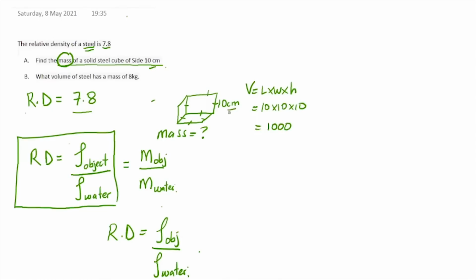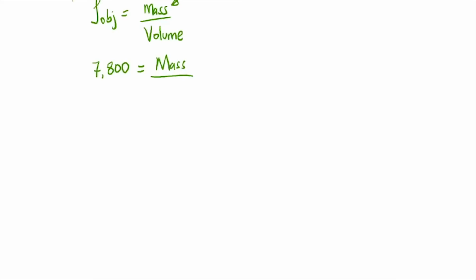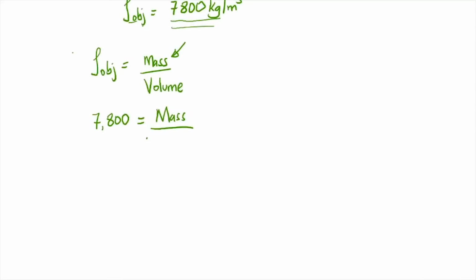But the units here are centimeters cubed. Now, since we are going to use the volume here, remember, the 7,800 here, the density, is in kilograms per meters cubed. So it would be nice for our volume to be in meters cubed so that the units are harmonious.